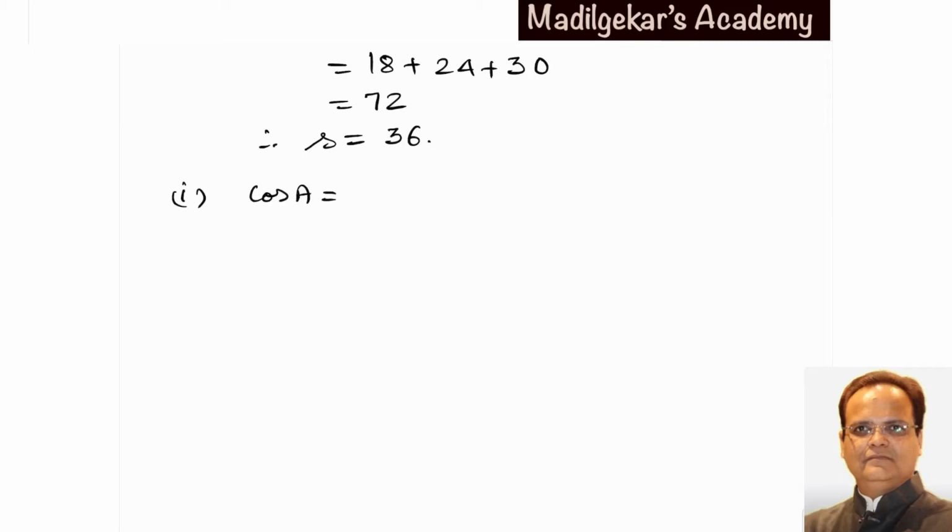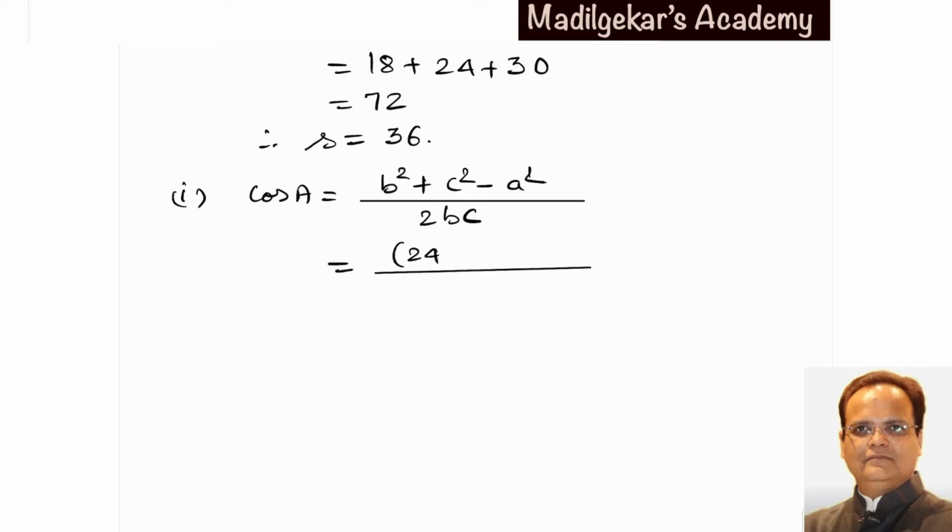By cosine rule, cos A is b square plus c square minus a square upon 2bc. Substituting the corresponding values, b is 24, c is 30, a is 18, upon 2 into 24 into 30.